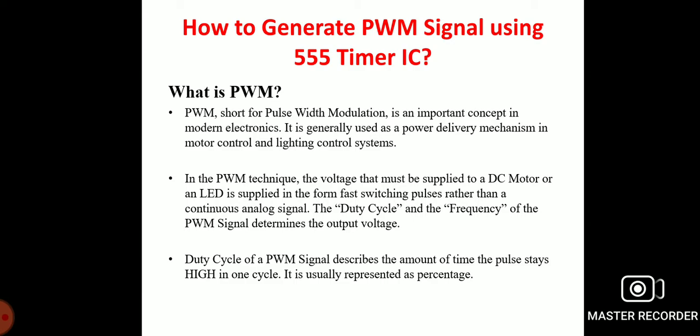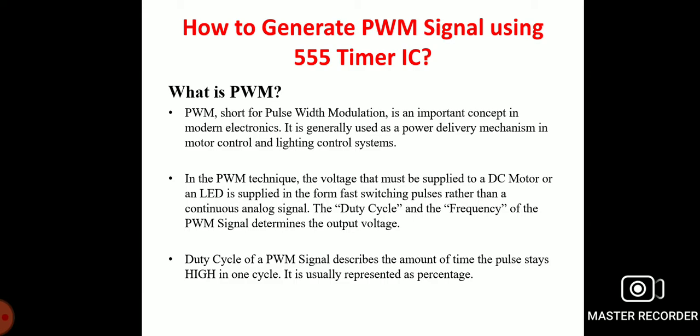It is generally used as a power delivery mechanism in motor control and lighting control systems. In this PWM technique, the voltage that must be supplied to a DC motor or an LED is supplied in the form of fast switching pulses rather than a continuous analog signal.